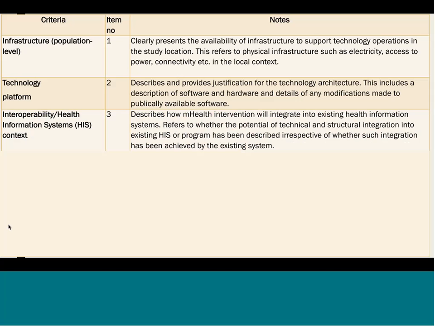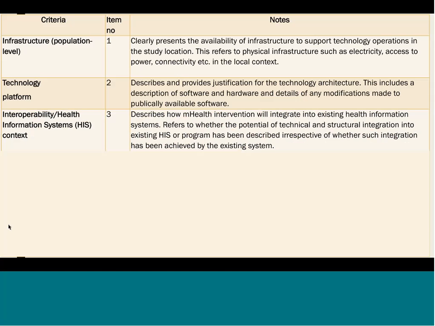The third item is interoperability or health information systems context. And that is to describe how, if at all, the mHealth strategy connects with the national or the regional health information system. So we emphasize that it is important to understand how the digital strategy adds to the existing workflows or improves on existing processes or complements existing programs.